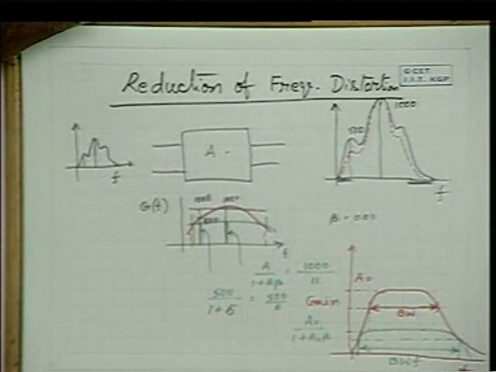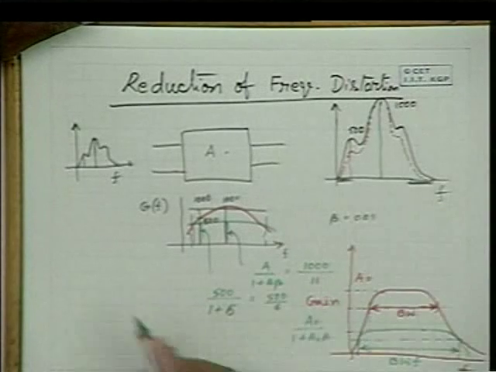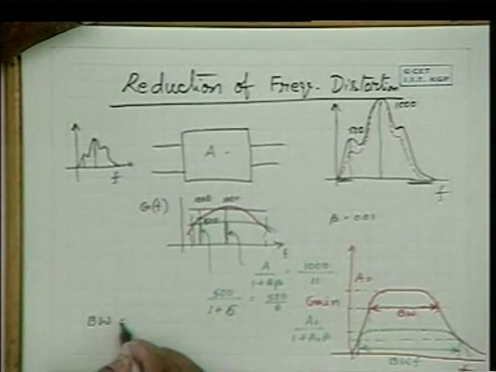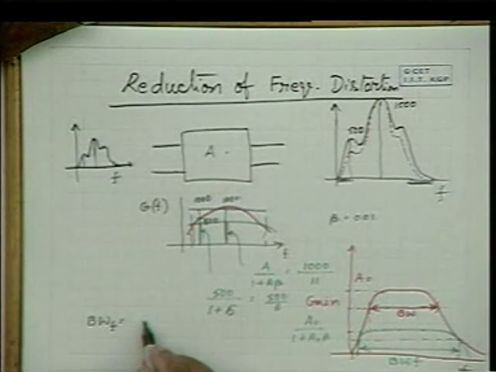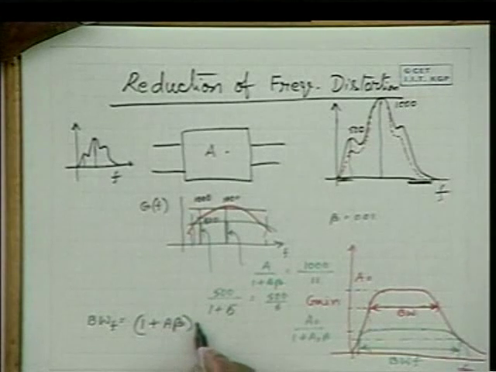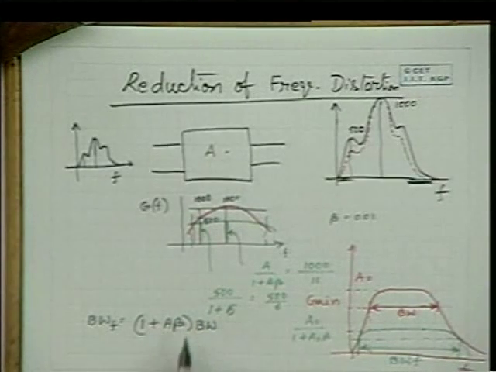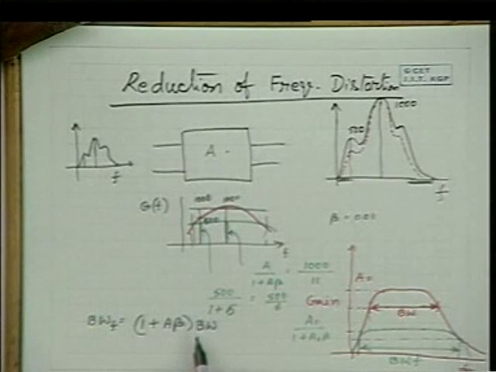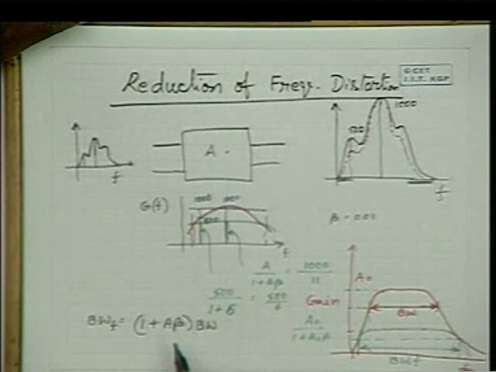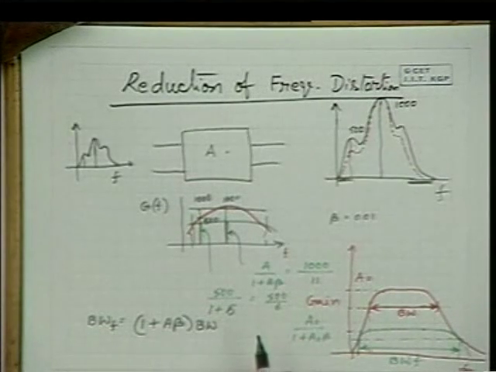So there is an increase in the bandwidth, and the increase in the bandwidth is of the order of, with negative feedback, bandwidth with feedback is 1 plus A beta times the bandwidth without feedback. If 1 plus A beta is 10 or 11, as given in this example, the bandwidth will increase by 11 times.